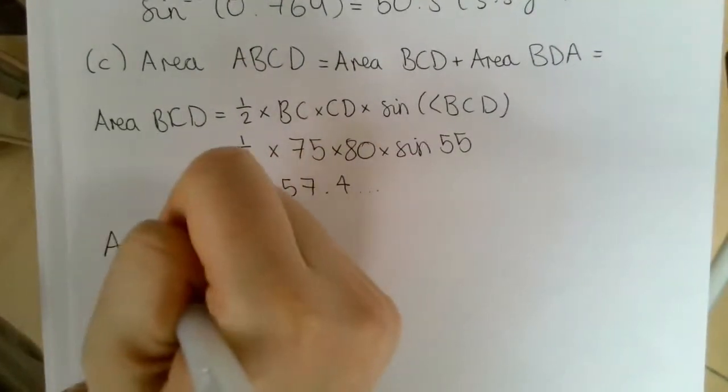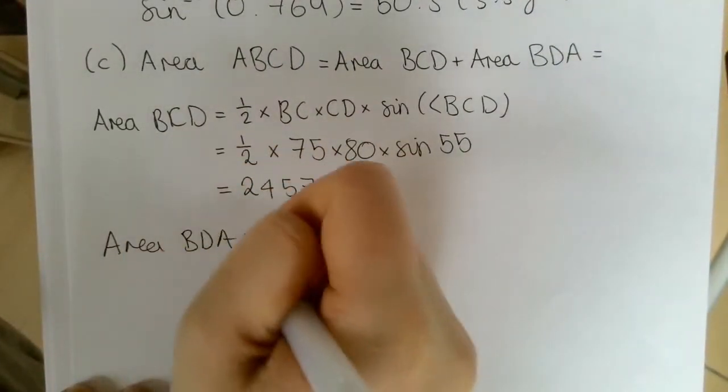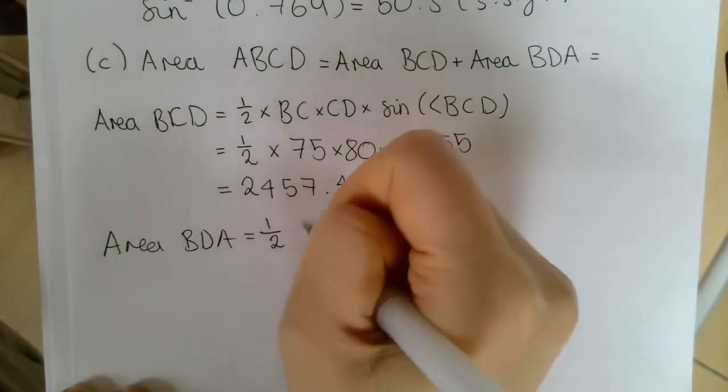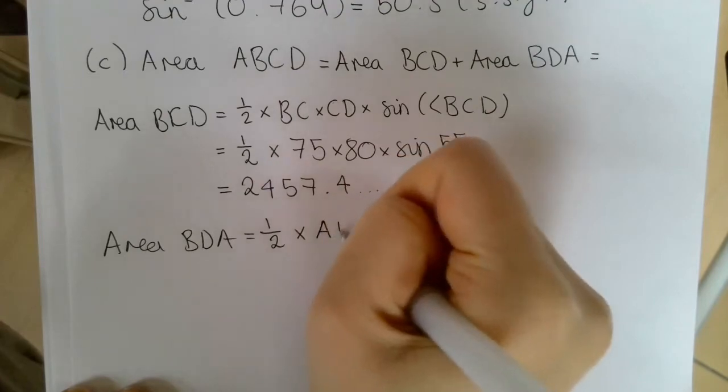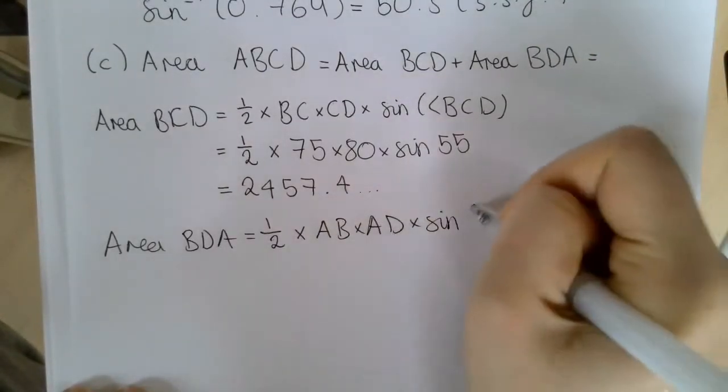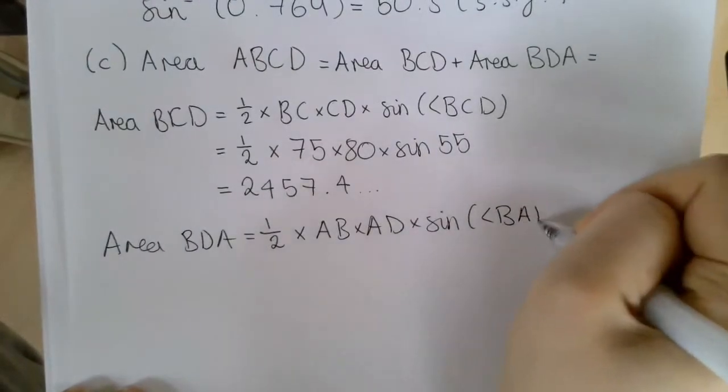Area BDA, that's equal to a half multiplied by AB multiplied by AD multiplied by sine of angle BAD.